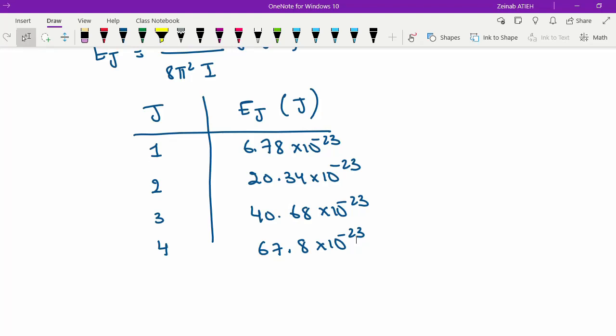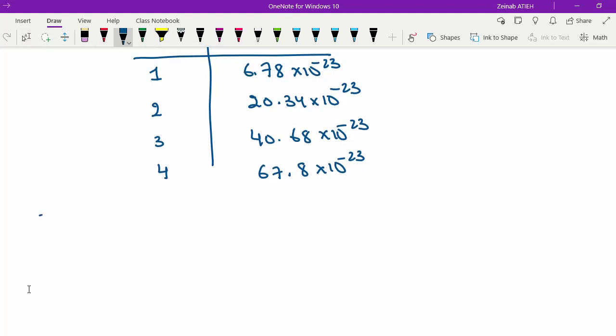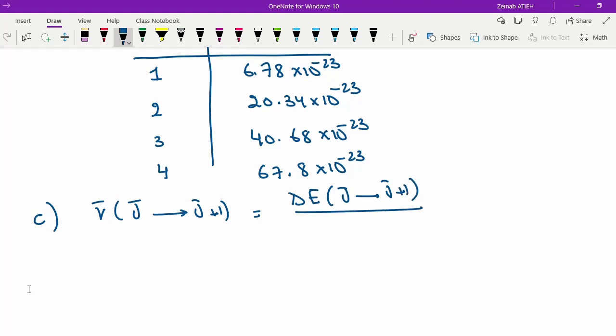So first, this is part C. To calculate the wave number of an absorption from J to J plus 1, all I have to do is find the difference of energy levels, delta E, from J to J plus 1 and divide this difference by hc.